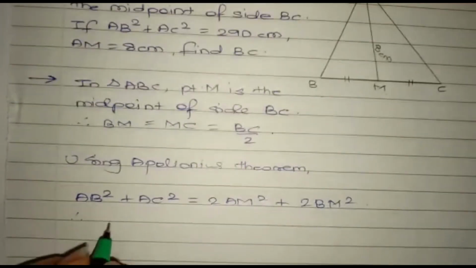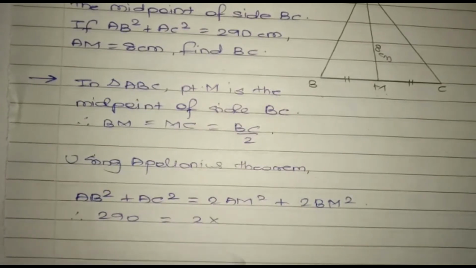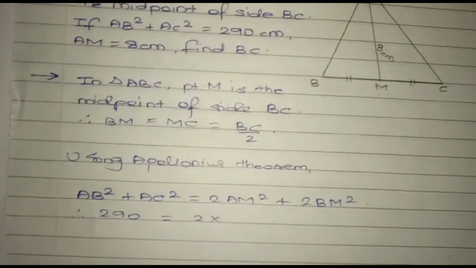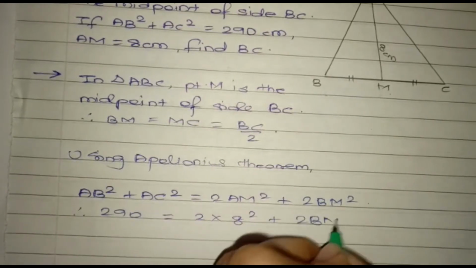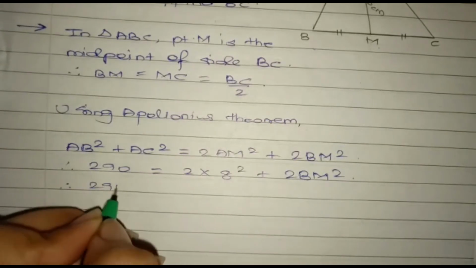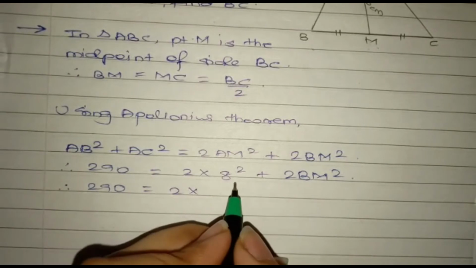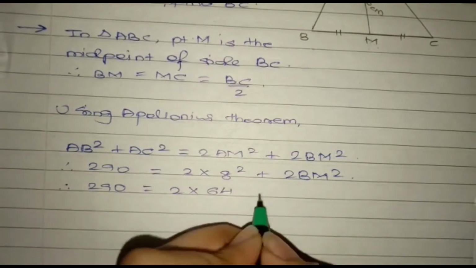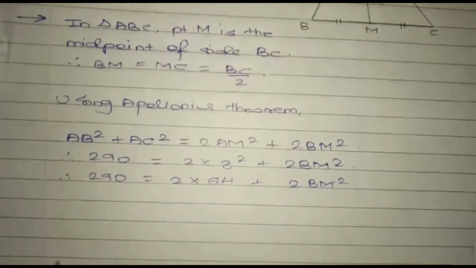Therefore 290 is equal to 2 into, what is AM? AM is 8. So 8 square plus 2 into BM square. Therefore 290 is equal to 2 into 8 square, which is 64, plus 2 BM square.